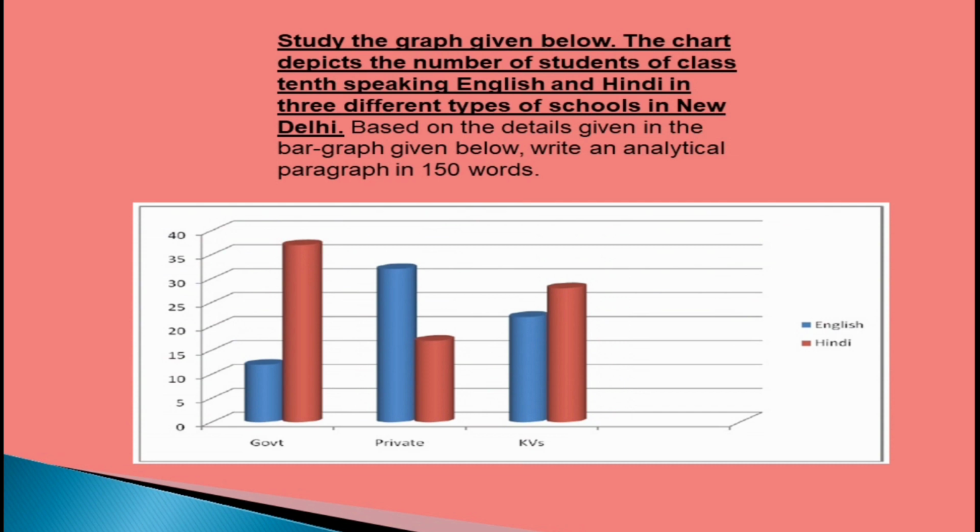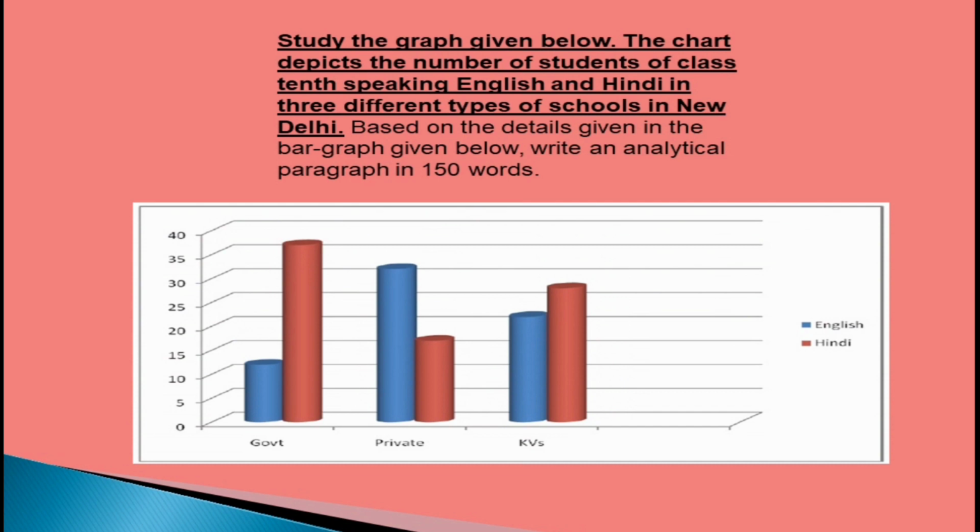Based on the details given in the bar graph given below, write an analytical paragraph in 150 words. So dear students, as you can see, we have to write a paragraph. That means you have to analyze this topic and you have to write 150 words.